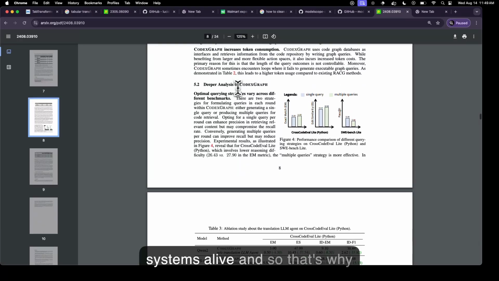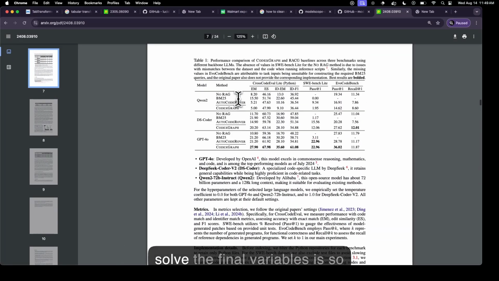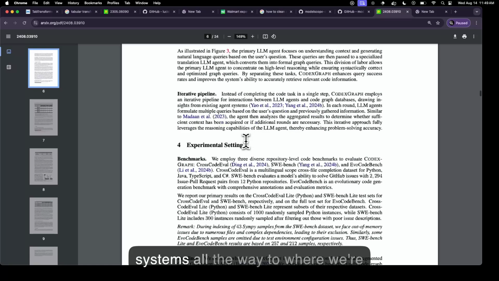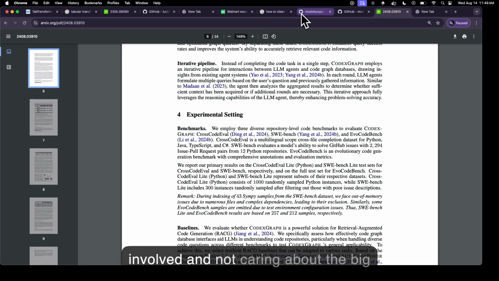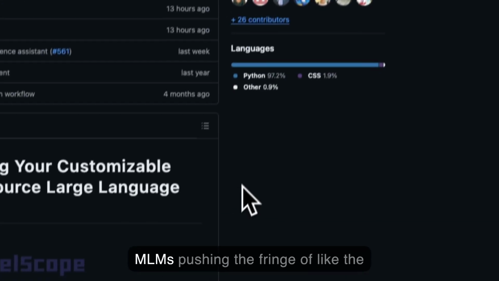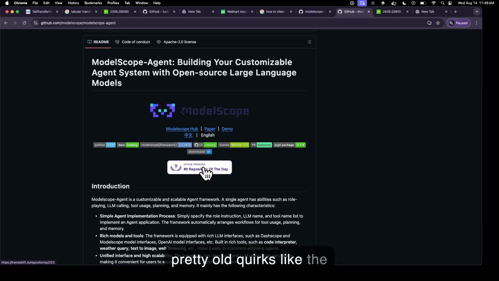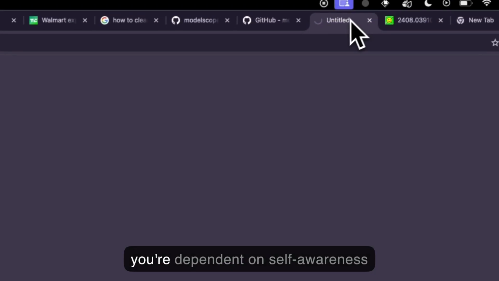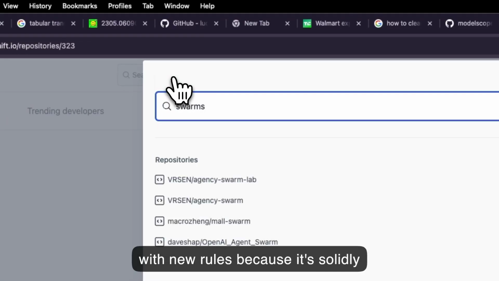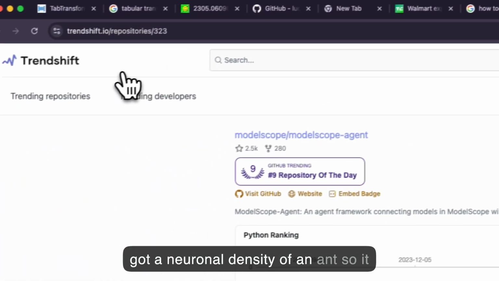And so that's why bringing back the cybernetic viewpoint to solve the final hurdles is so important. You can get these systems all the way to where we've gotten them without caring about the big questions. But suddenly you have LLMs pushing the fringe of the real workings of consciousness or cognition or weird entity self-awareness with new rules, because it's solidly language-based, even though it's only got the neuronal density of an ant.